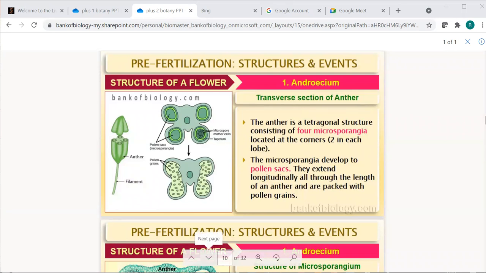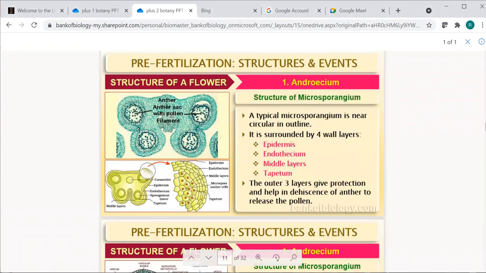They are epidermis, which is the outermost cover, and it is very thin. The outermost cover is very thin. That is called as epidermis. The outer एकदम बाहर वाला जो है microsporangia का, that is called as epidermis.